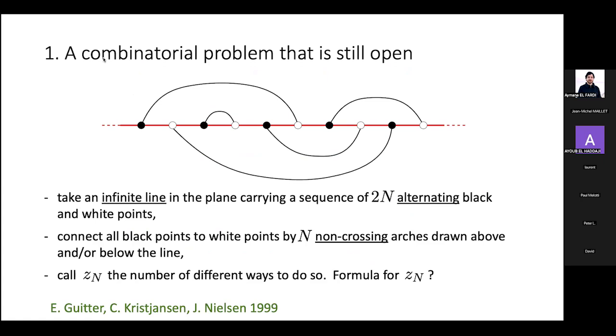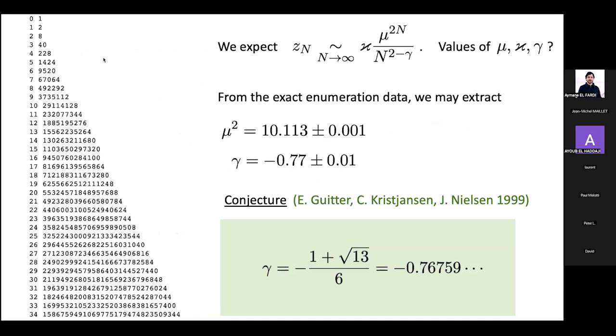And so you have 2n endpoints, so it's a finite system. You call Z_n the number of different ways, so it's a partition function if you want. And so this is a problem which was looked at originally by Guitter, Kristjansen, and Nielsen in 1999. So it looks simple, but actually it's not solved up to now.